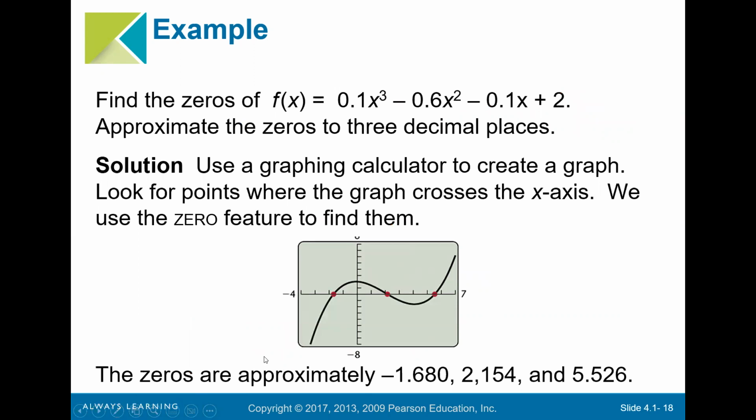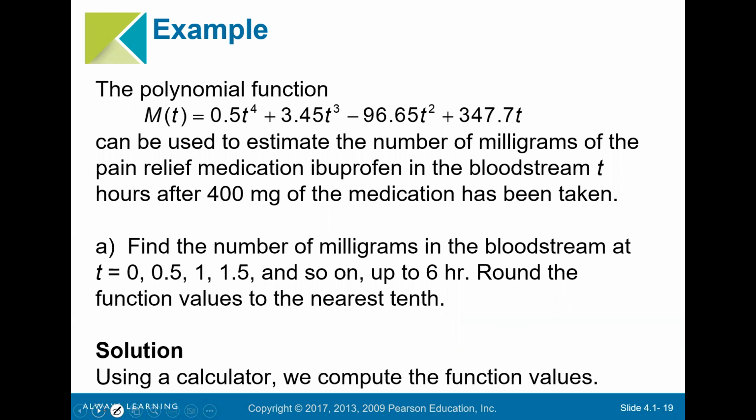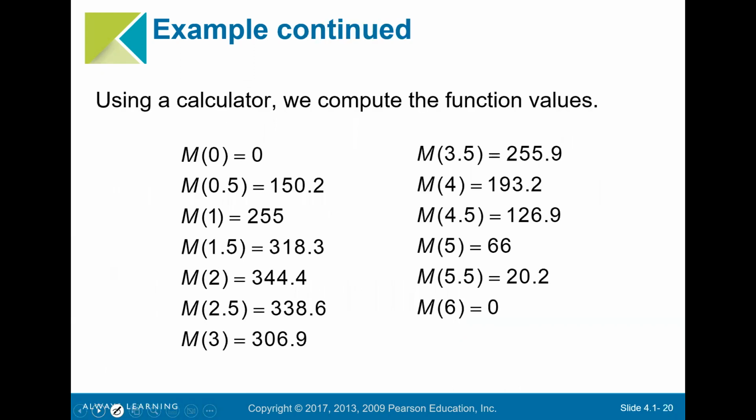All right. Next example is just talking about how to use a graphing calculator to get these values and these points. If you have any questions, please feel free to see my video over how to use a graphing calculator and reach back out to me. This one here, you can use a graphing calculator as well.